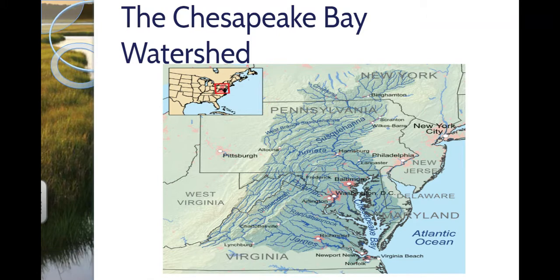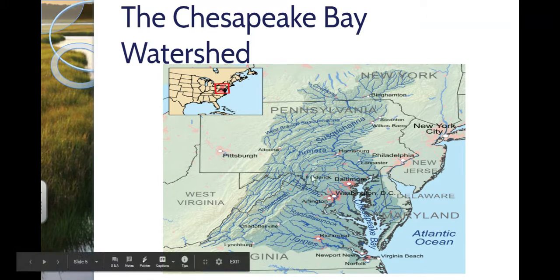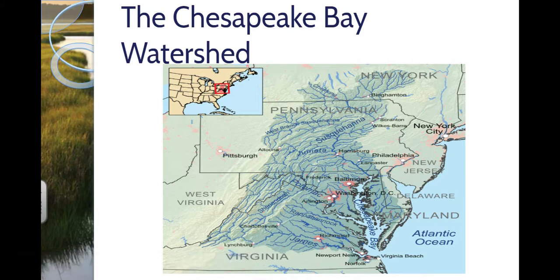The Chesapeake Bay watershed covers 6 different states. This is what I want you to do: write down what 6 states it covers, so this way you always remember.